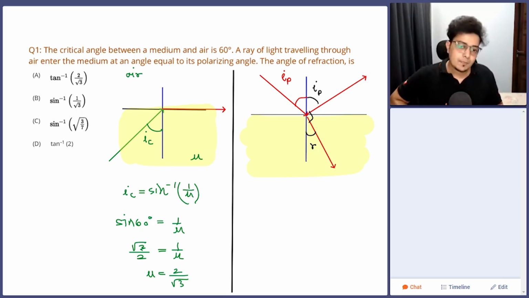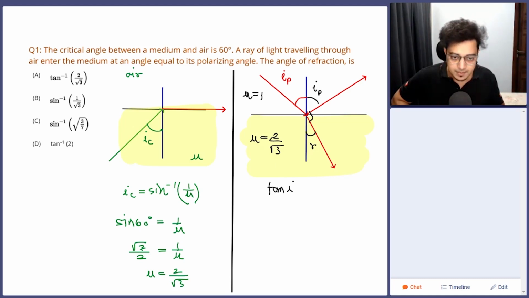So now we know that the refractive index of the medium is 2 by root 3. Okay, this is air, so refractive index is 1. So we'll use Brewster's law, which tells us that tan of IP is equal to mu of denser medium divided by mu of rarer medium.